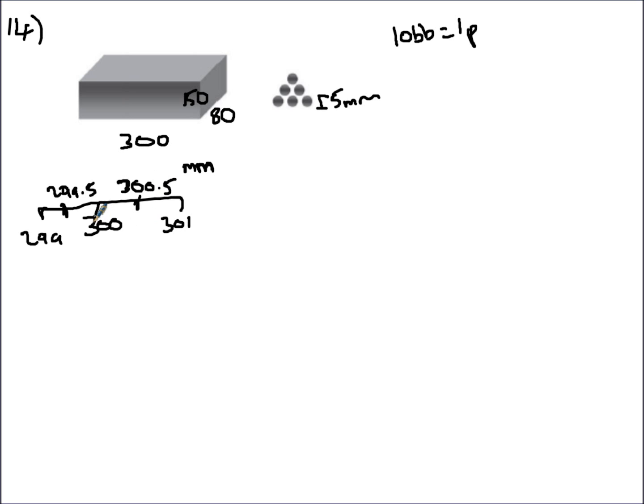And when we've got those in there, we're going to take the lower value each time. So to work out the total volume, it would be 299.5 times 79.5 times 149.5.